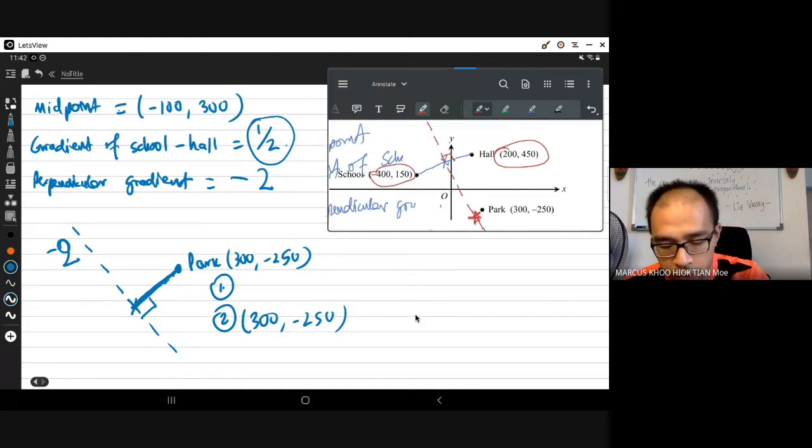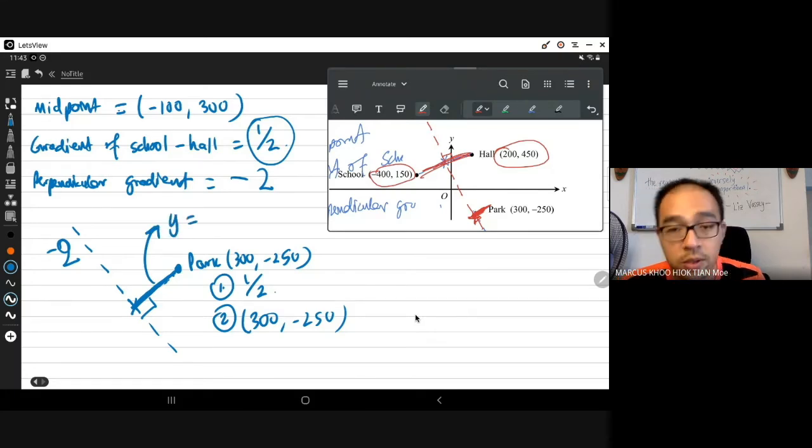If this is 90 degrees, here also is 90 degrees, that means this and this must be parallel. It is also 1 over 2. So can you form the equation for this? What is the equation, y equals to something? Use this gradient and use this point.